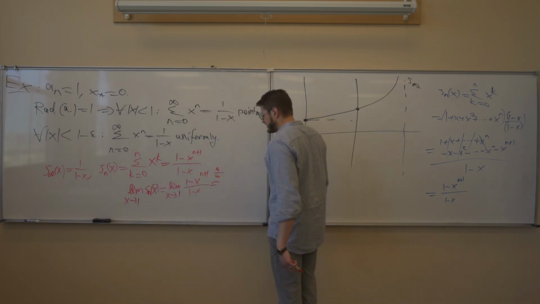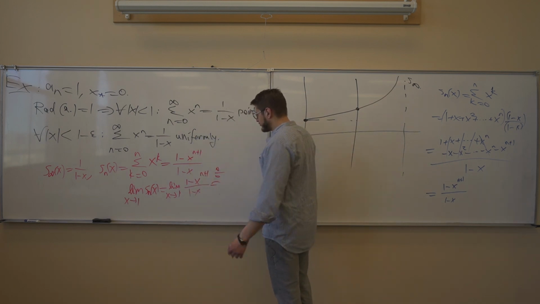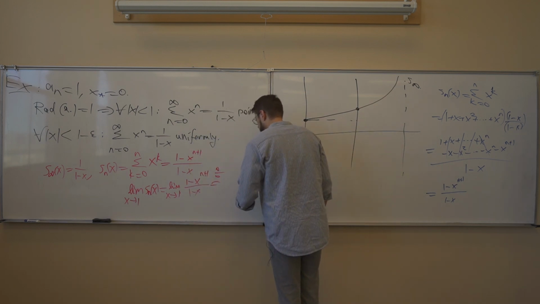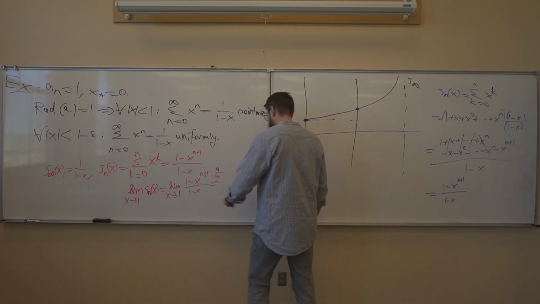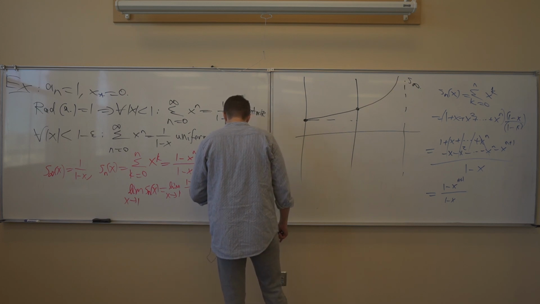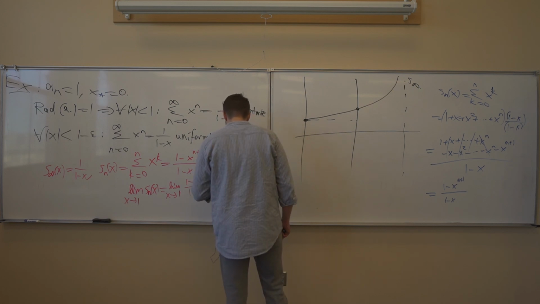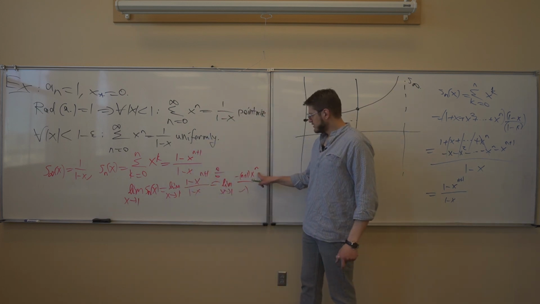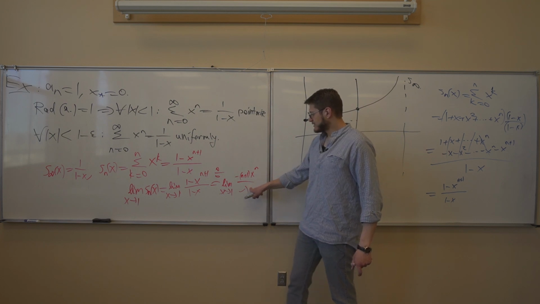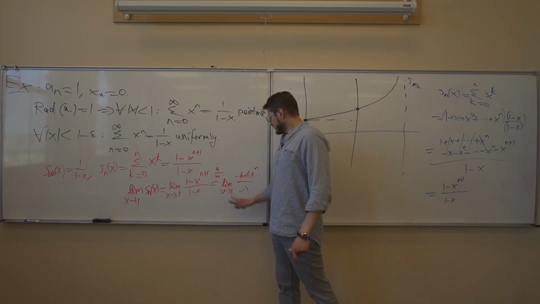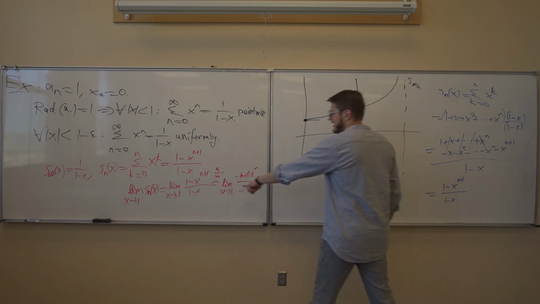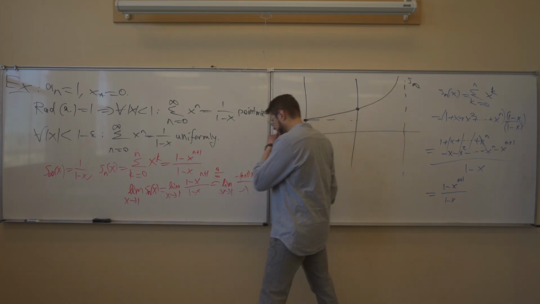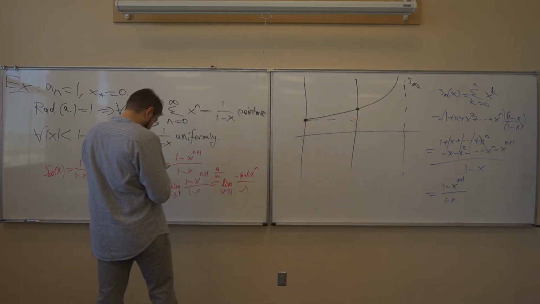And then you differentiate these. The denominator becomes minus 1. And then the numerator becomes minus n plus 1 times x to the n. And L'Hopital says that whenever the limit of this exists and the limit of this exists, this limit of the ratios is the same thing as the thing that you're trying to compute. In this case, then you can plug in. Okay? Did I make a mistake somewhere?